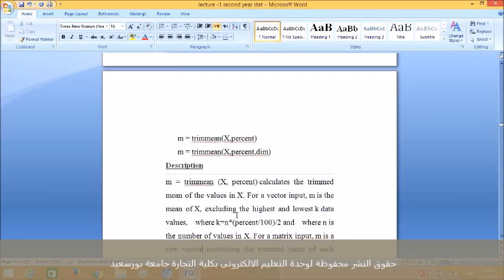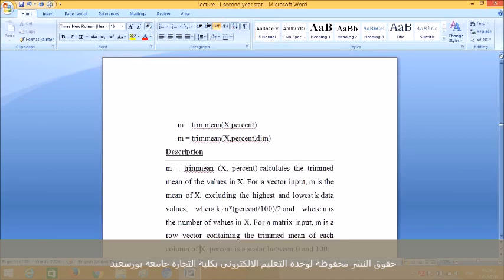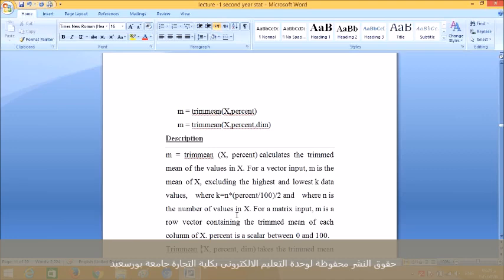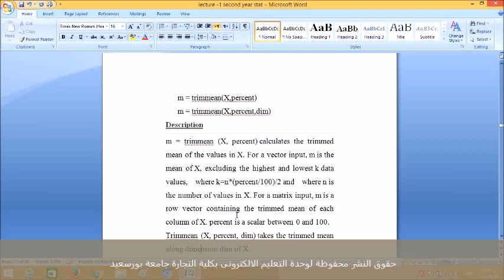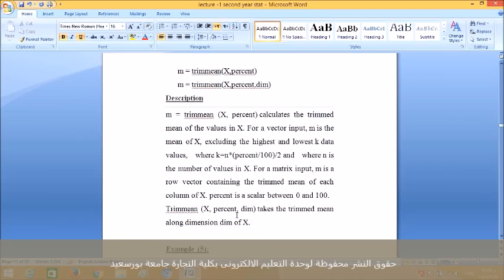For a matrix input, M is a row vector containing the trimmed mean of each column of x, as we said before. Percent is a scalar between 0 and 100. The syntax trimmean(x, percent, dim) takes the trimmed mean along the dimension dim of x.